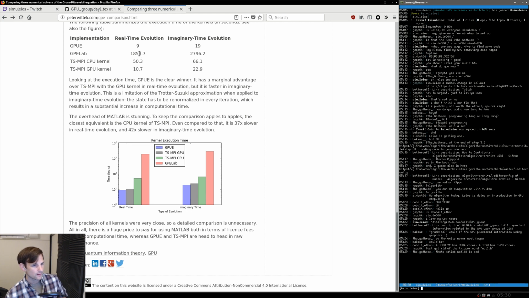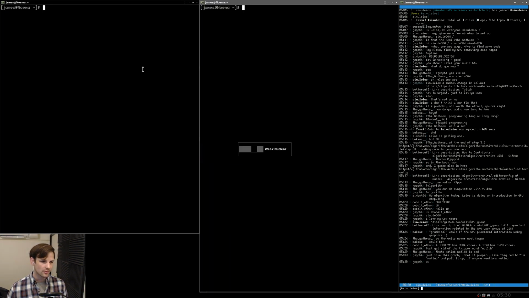This means that we are literally 200 times faster than the MATLAB implementation. Let's see, the CPU kernel, we're again 5 times faster than that. And not to brag, but we were pretty quick. So we were actually faster than the guy who was trying to benchmark their code. So basically the point was that we have a massive improvement here by moving to the GPU, and that's why people want to do it.